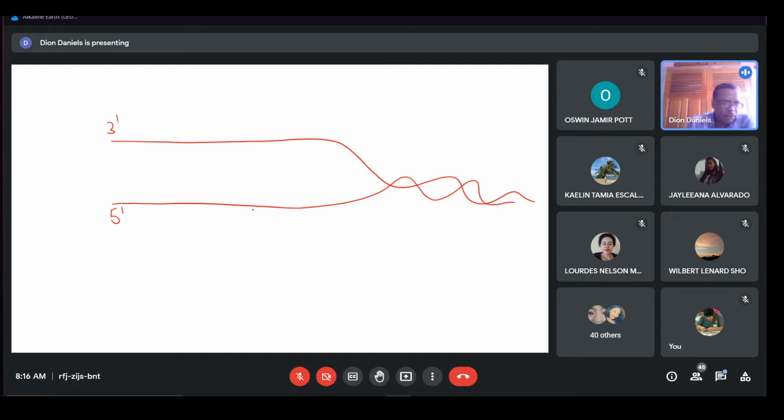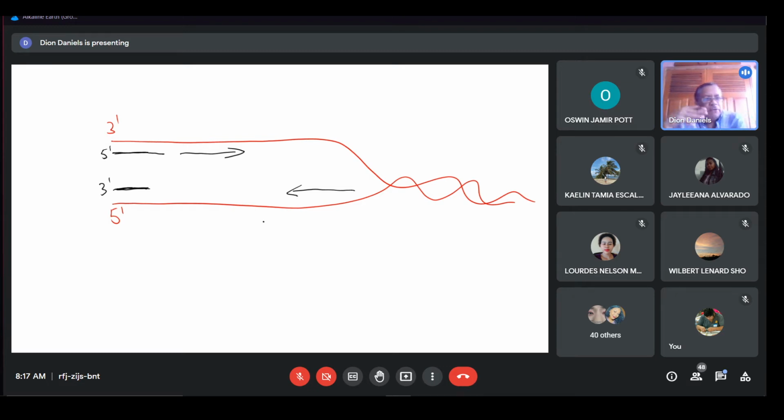It simply means that this complementary strand that is being built here, this would be the 3'. All right? And remember, we said that DNA is built in the 5' to 3' direction. So here, this complementary strand would be the 5', which means that this would be built in this direction. So in this particular case, the top would be the leading strand, while this bottom that is building in this direction would be the lagging strand.